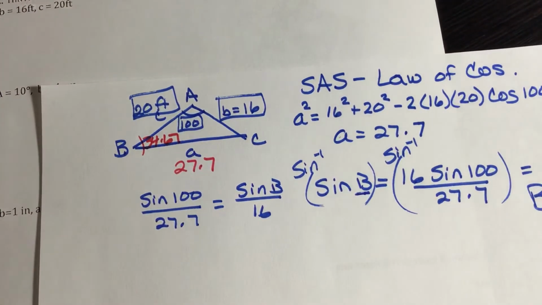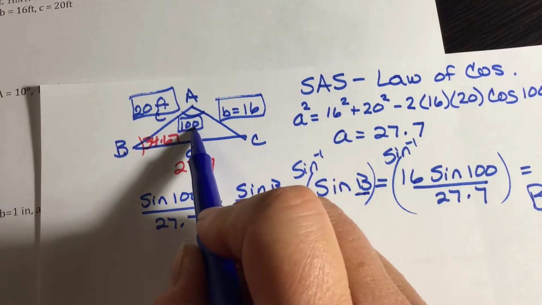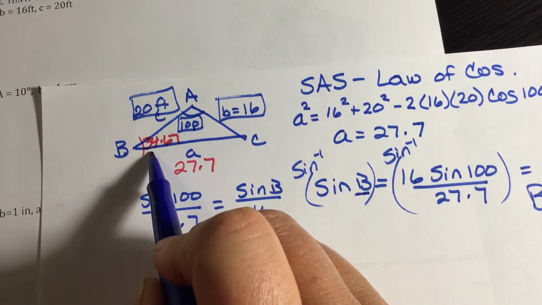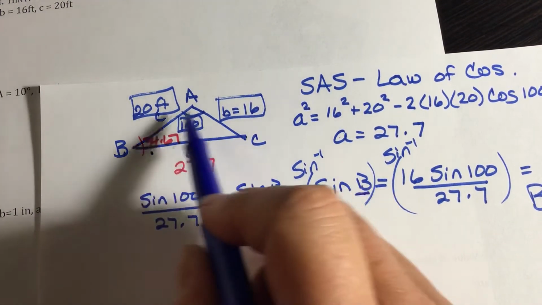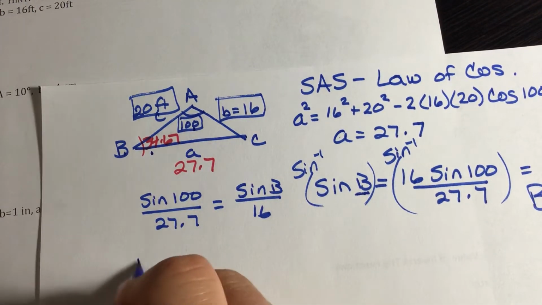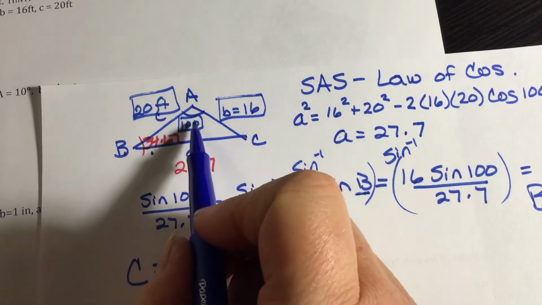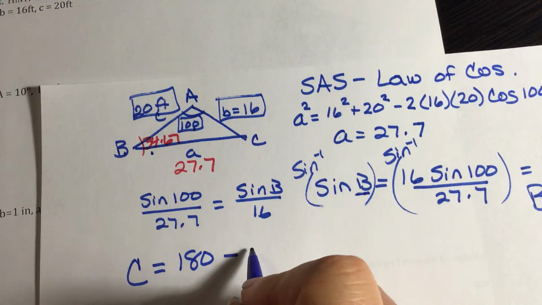And last I need to find angle C. If I know this is 100 and this is 34.67, I can take this away from 180. So C is 180 minus 134.67.